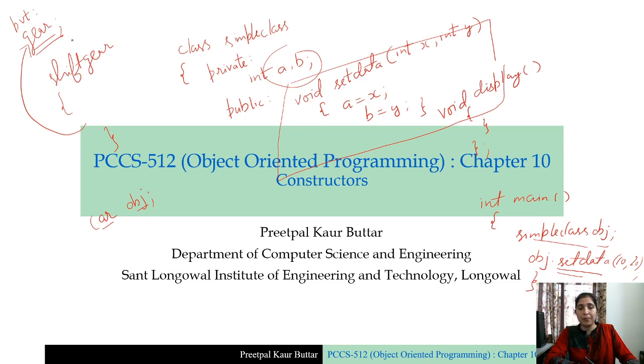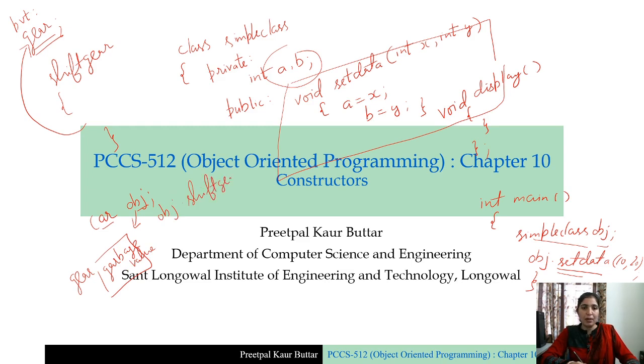Then what will happen? The gear will automatically be initialized to some garbage value. This variable will be created in the memory when you create the class car object, but it will contain some garbage value. Then using the object you call shift gear.